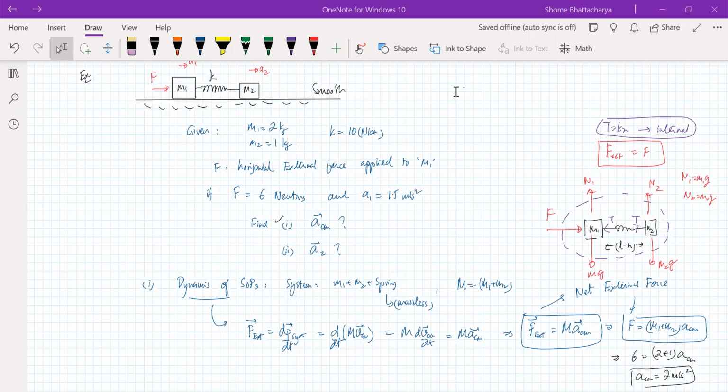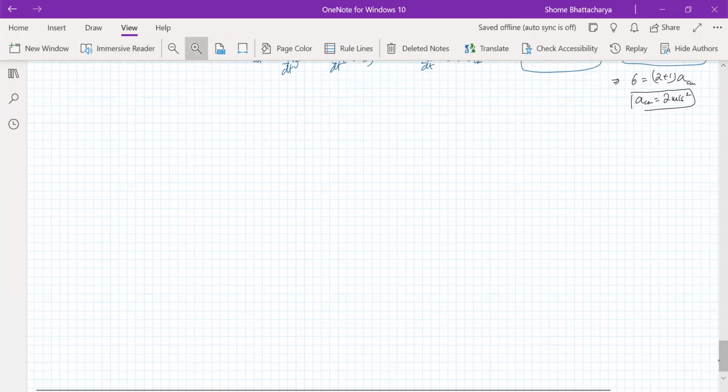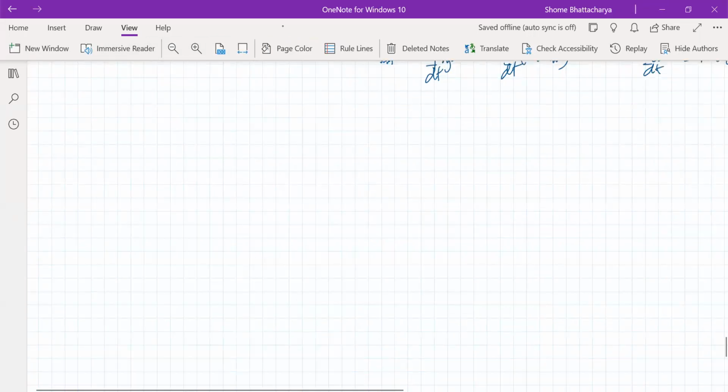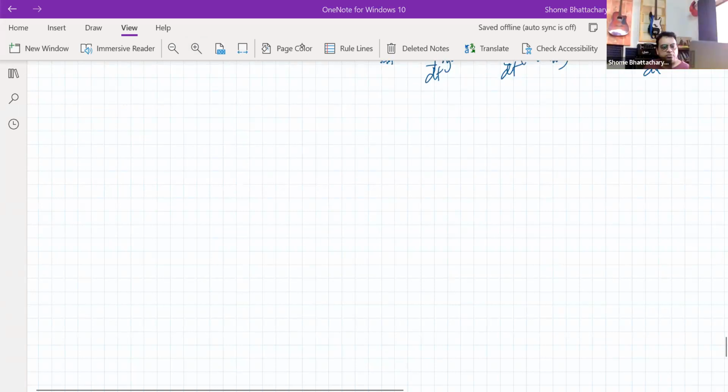Okay, so let's say I'm not going by the weighted mean definition of acceleration of center of mass. If I just want to go with dynamics right now, how will I calculate the acceleration of the second block at this instant? So I look at the individual FBDs.